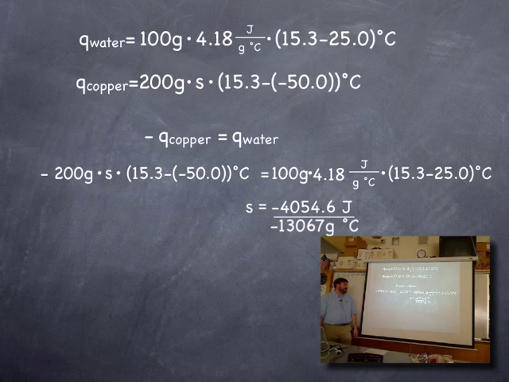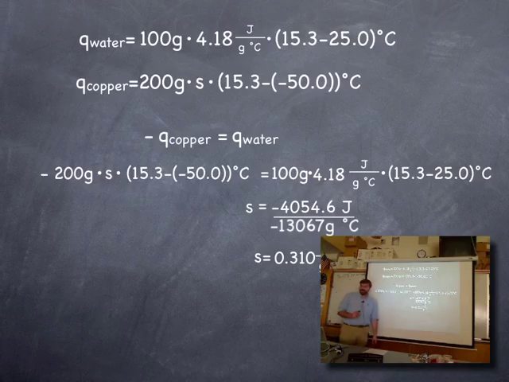So I can divide this out, and I'm going to get that the specific heat capacity of copper is 0.310. So I can use this process to go through and determine specific heat capacities of lots of different substances.